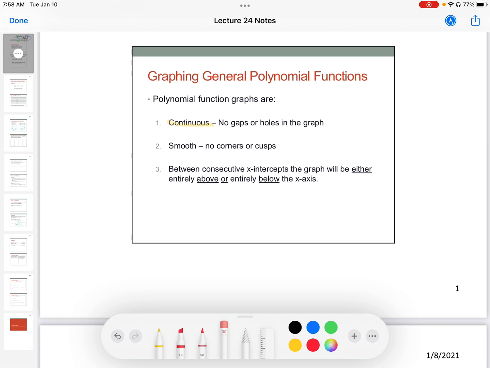And the other thing that's very important is that between consecutive x-intercepts, the graph will either be entirely above or entirely below the x-axis. So basically it has to be either above or below, and that is the fundamental theorem of algebra, I believe, says that in between the x-intercepts it has to be either above or below.